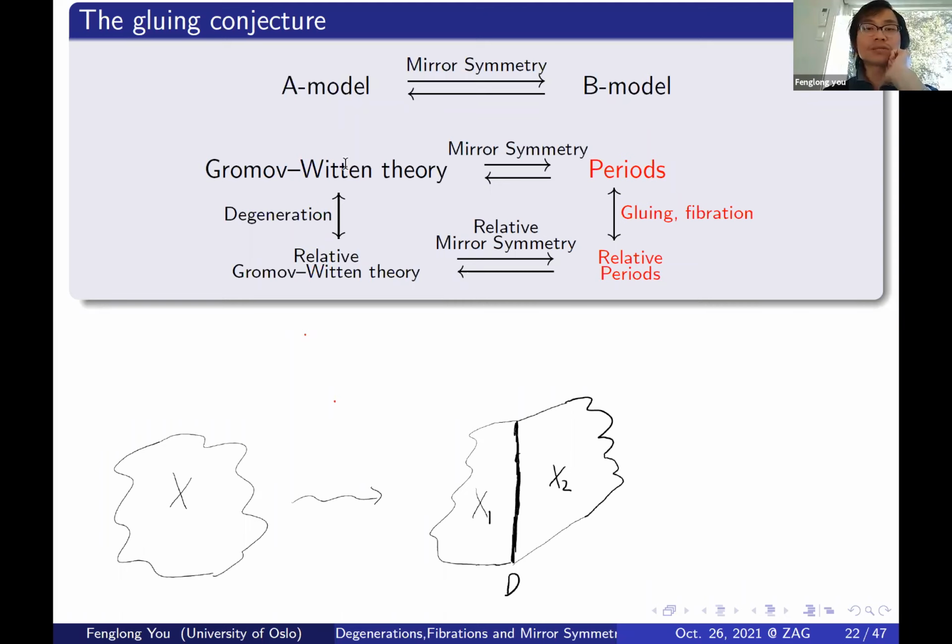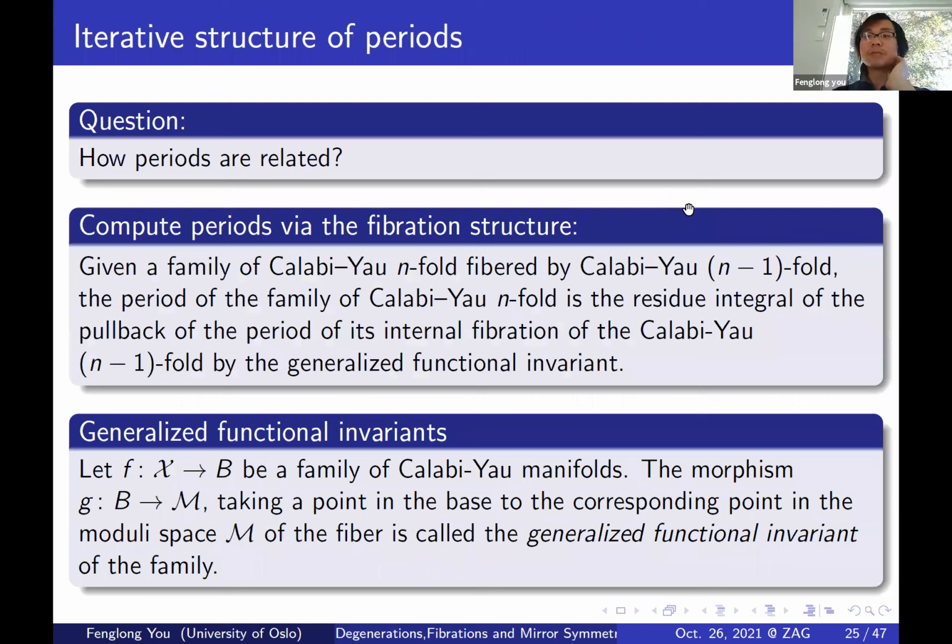Now these Gromov-Witten invariants are related by degenerations, so what's the relation between their mirrors, and how does that relate to fibration structures? So in general, we can compute periods using the fibration structure.